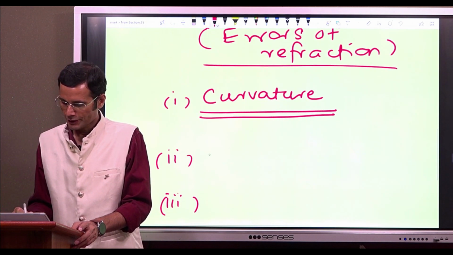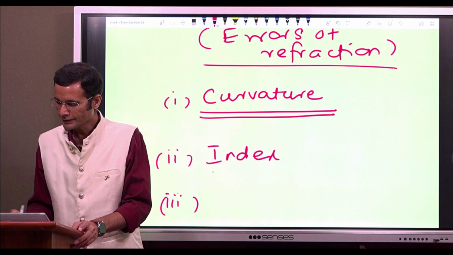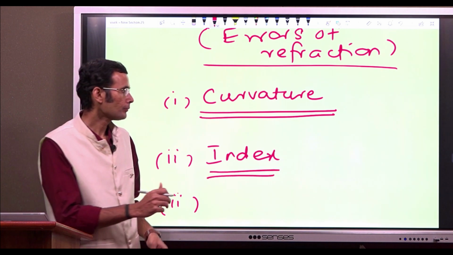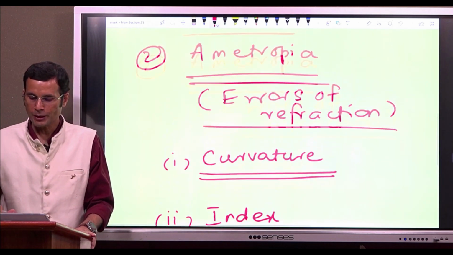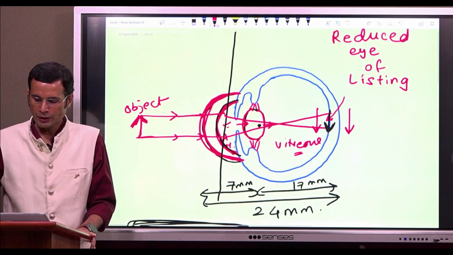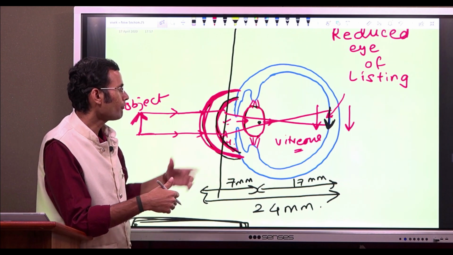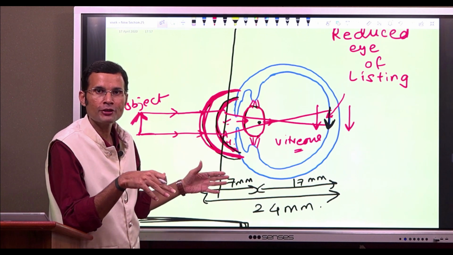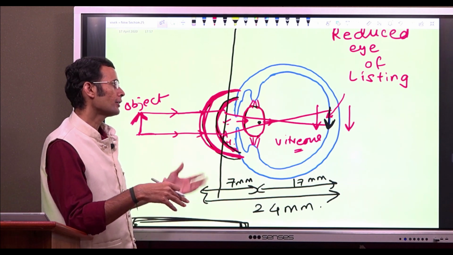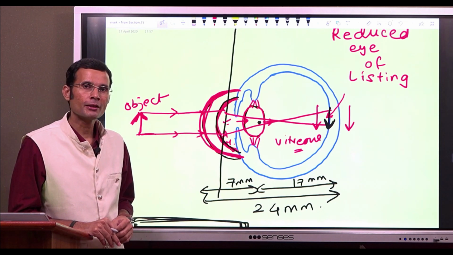The second type is called index ametropia. In this type, the refractive index of the media is altered. The refractive index of the lens, for instance, is changed, and therefore image formation does not occur on the retina.